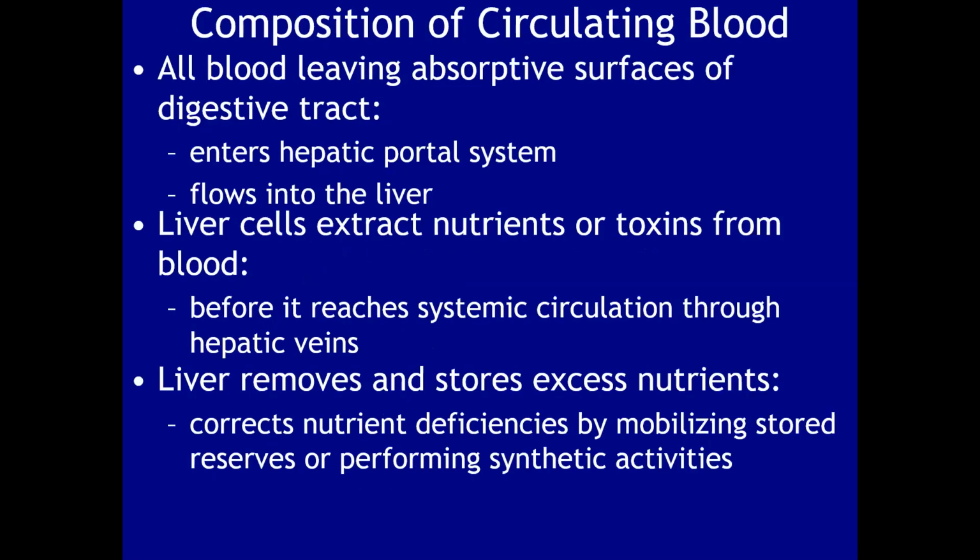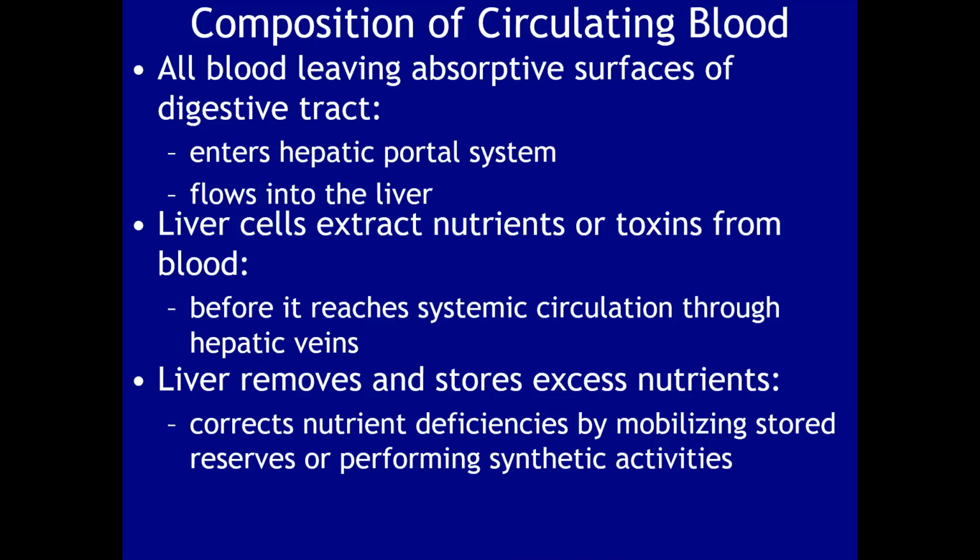With the hematological activities, everything that leaves the absorptive surfaces of your digestive tract is going to flow into the liver. So once it's in the liver, nutrients are extracted or toxins are extracted, before it actually gets to the systemic circulation.